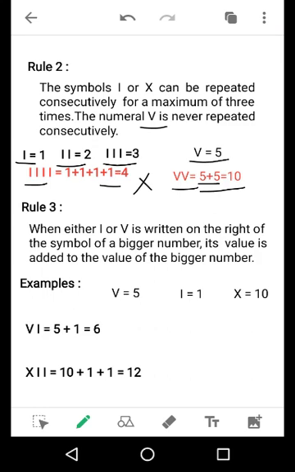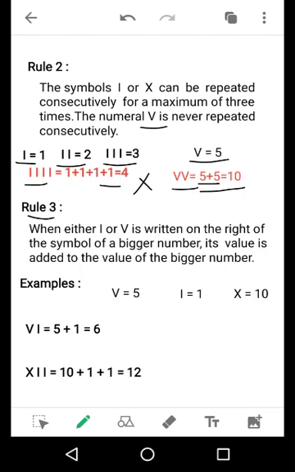Let's move to rule number 3. See rule number 3. When either I or V is written on the right of a symbol of a bigger number, its value is added to the value of the bigger number. Now take an example.